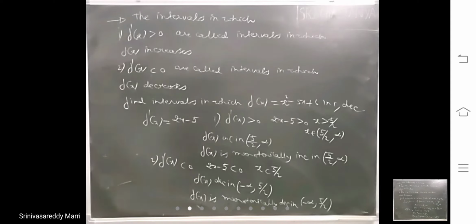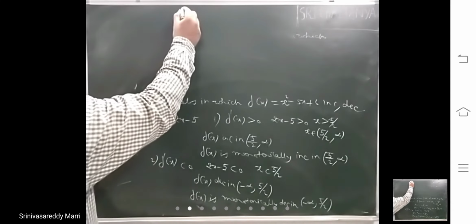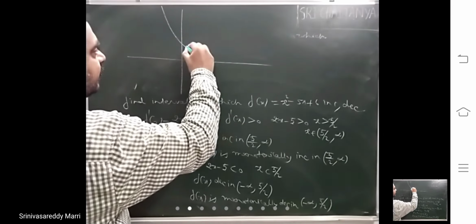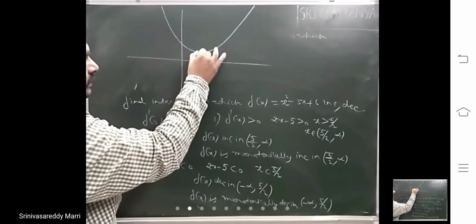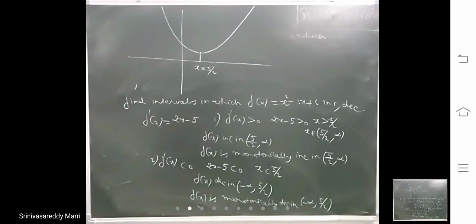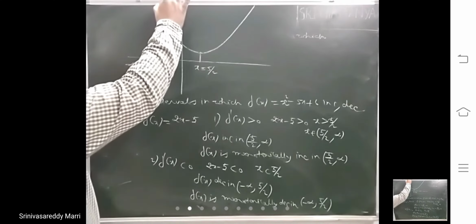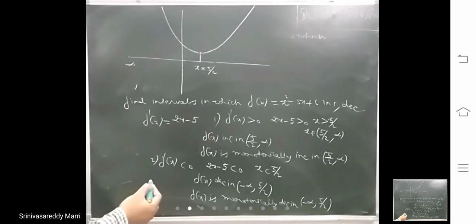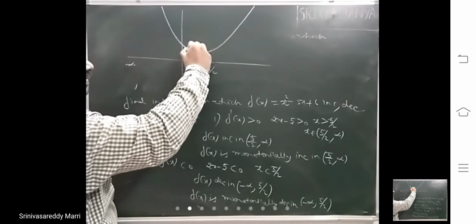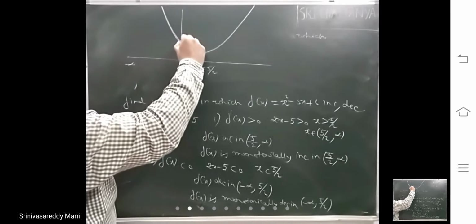That is how to calculate intervals in which f of x increases, decreases. If you see the graph, it will be like this. Look at it. Graph is a parabola. So this is vertex x equal to 5 by 2. From minus infinity to 5 by 2 downfall, decreasing.